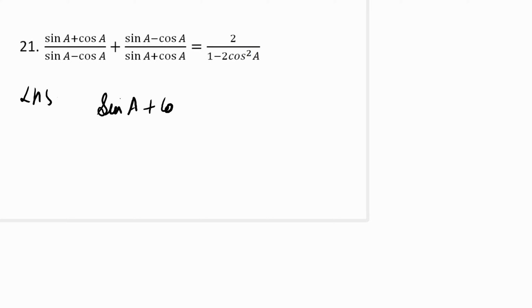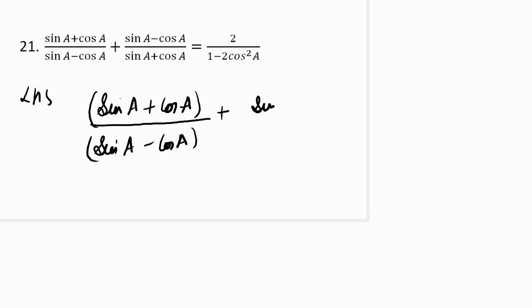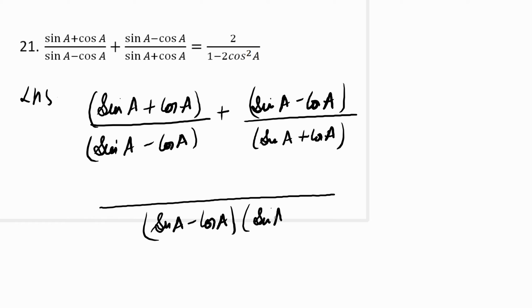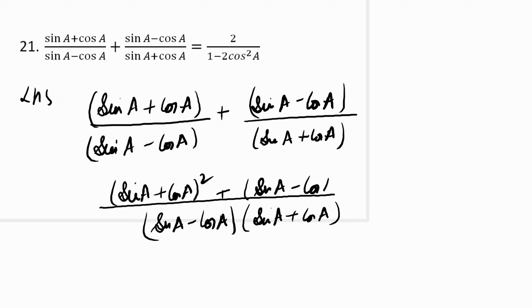Sin A plus cos A upon sin A minus cos A plus sin A minus cos A upon sin A plus cos A. Now we will take the LCM of the denominators, which is sin A minus cos A times sin A plus cos A. The numerator will become sin A plus cos A whole square plus sin A minus cos A whole square.